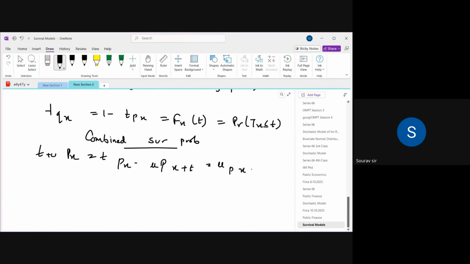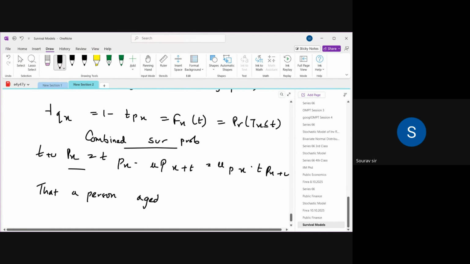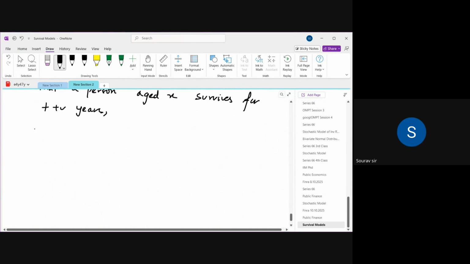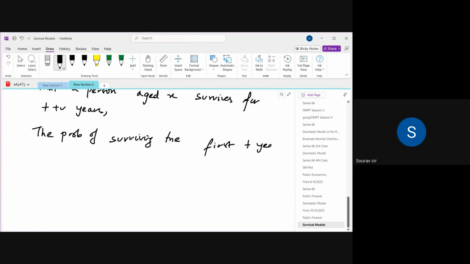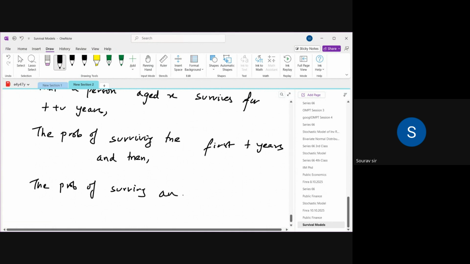That means the probability that a person aged x survives for t plus u years is equal to the probability of surviving the first t years, and then the probability of surviving an additional u years, that is beyond age x plus t.